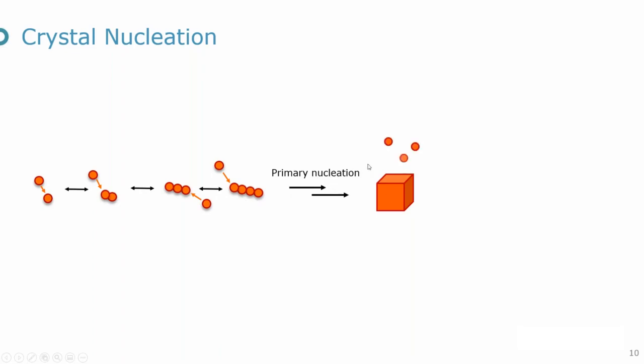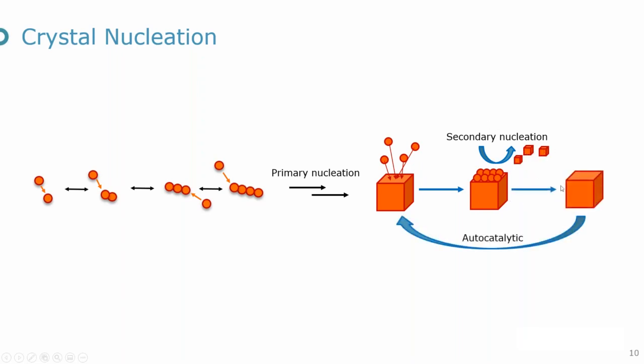And after that, you have already formed a new phase. And this phase can act as a new template for further crystallization. So what happens usually is that molecules from solution grow onto the surface of an existing crystal. And because of shear forces or impact, the new layer is removed from the original crystal, and they will nucleate in the bulk as well. And this is called secondary nucleation.